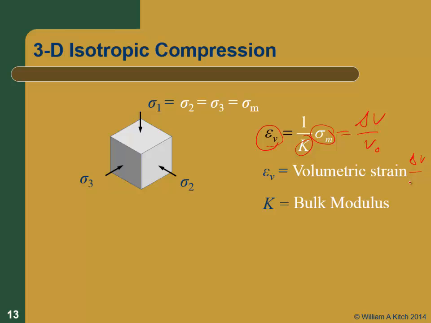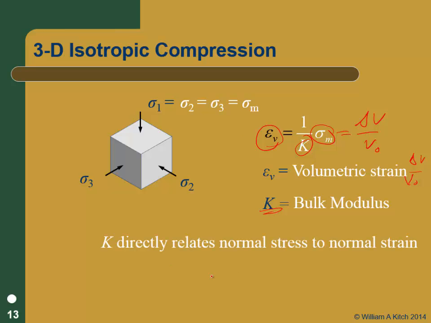The bulk modulus is the elastic constant that directly relates the mean normal stress to the volumetric strain. So that's what that says.